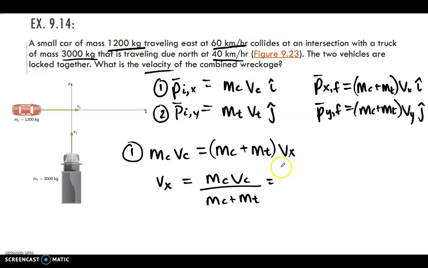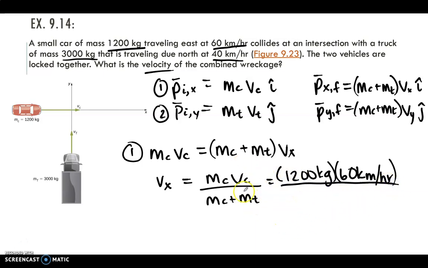So we can go ahead and plug all of this in. Our mass of the car is 1,200 kilograms. Our velocity of the car is 60 kilometers per hour, and typically I would change that into meters per second, but for the sake of this, I think it's okay to leave it in kilometers per hour, since we're looking at this velocity in terms of vehicles, and typically we look at things in miles per hour, but kilometers makes it a little easier for us.